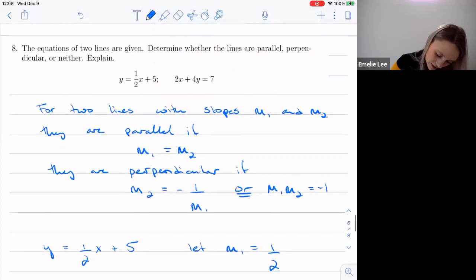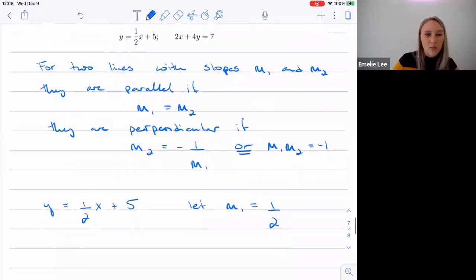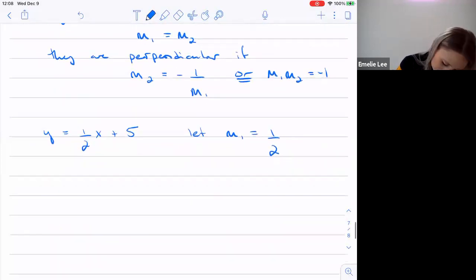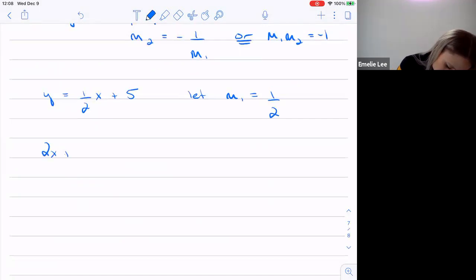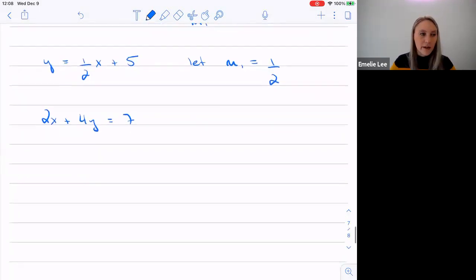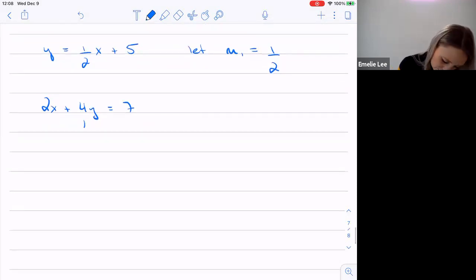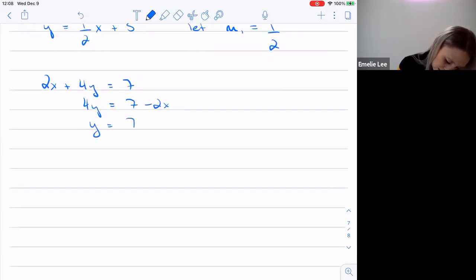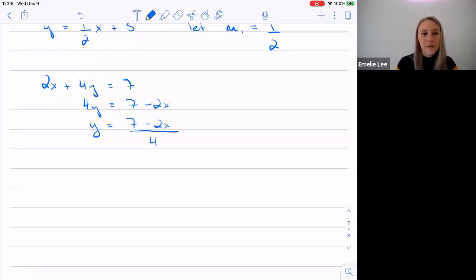And then here, 2x plus 4y equals 7. I have to do a little bit of work to solve for y, right? So here I get 4y is 7 minus 2x. So y is (7 minus 2x) divided by 4.